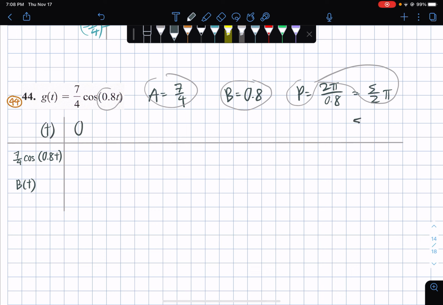From 0 all the way to 5 over 2 pi. 5 over 2 pi divided by 2 is 5 over 4 pi. 5 over 4 pi divided by 2 is 2.5 pi over 4. And something pi over 4 would be located here. That is going to be 7.5. So 2.5, 5, 7.5, 10 over 4. That's the pattern.